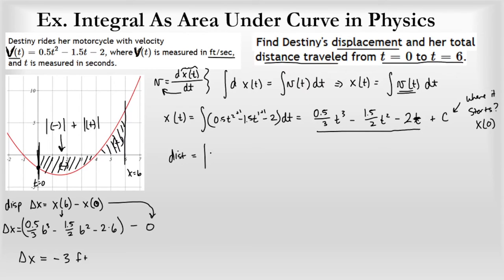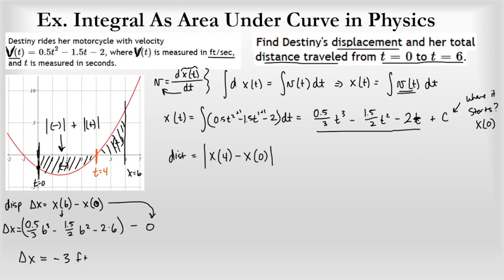So the distance, what I'm going to look at is to find this area here, I would take the position at 4. Notice that this point in here, where it crosses the t-axis, this is t equals 4. Do you all see that? Okay. So I'm going to have to divide it up into 2 different portions here. The absolute value, this is our negative portion, right?